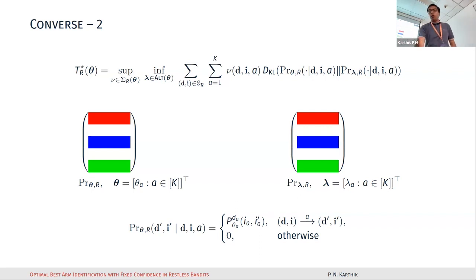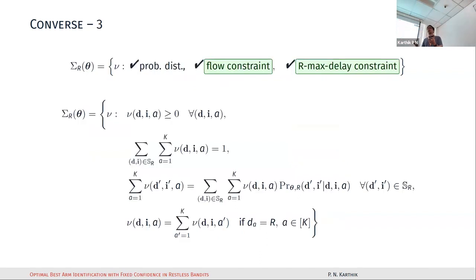Now it's a distribution on the states and actions of the MDP, which satisfy the flow constraint and the delay constraint, the max delay constraint. So it is very important to capture all these constraints in order to derive a good lower bound. That was the hard part in the problem.